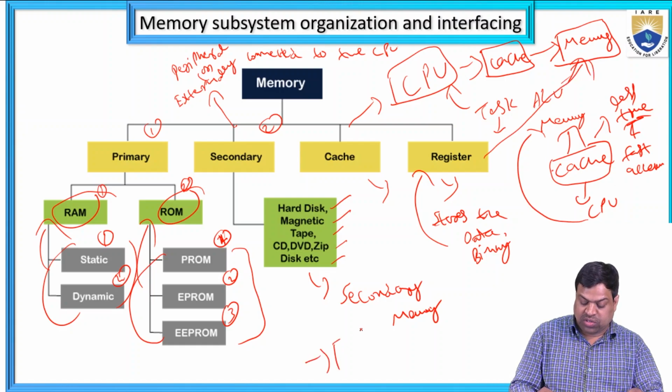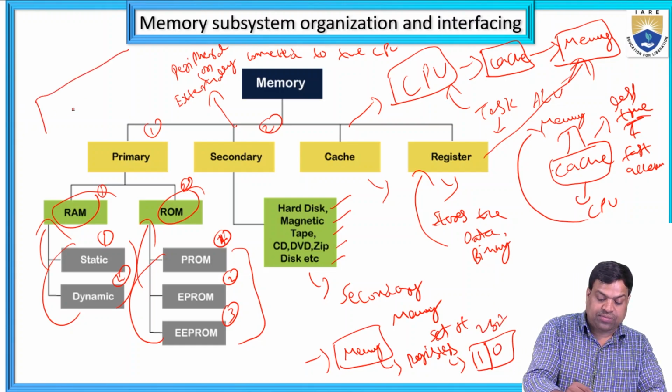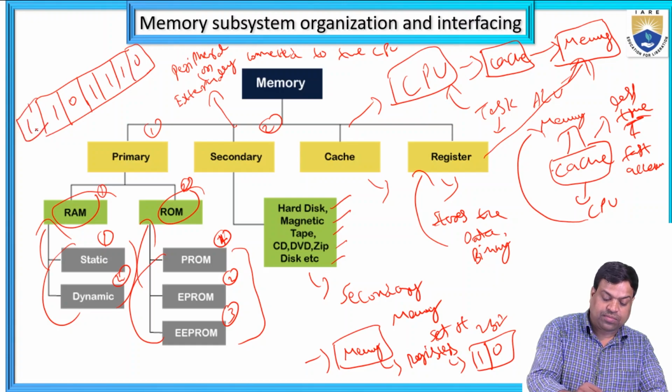In the memory, a set of registers are there. Suppose I am taking an 8-bit register: 1, 2, 3, 4, 5, 6, 7, 8.